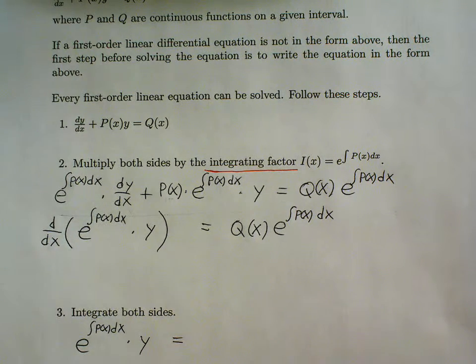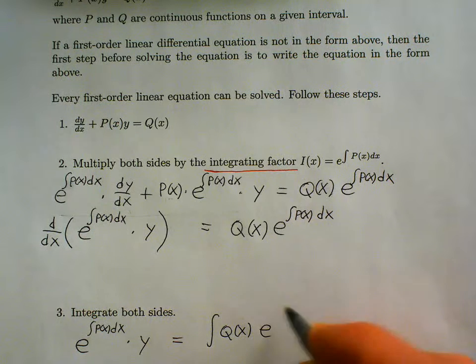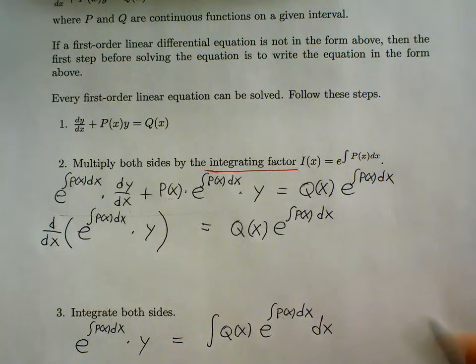And on the right-hand side, the best we can do right now is just to write the integral of q of x times e to the integral of p of x dx, and then dx, and we'll put the constant of integration in.